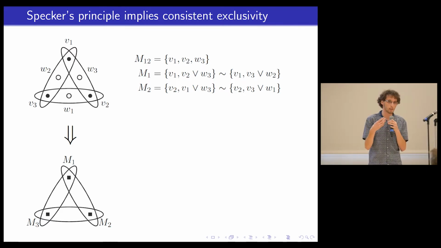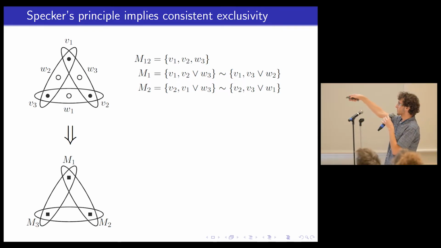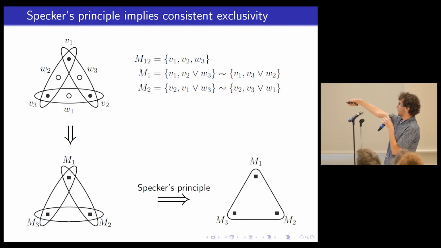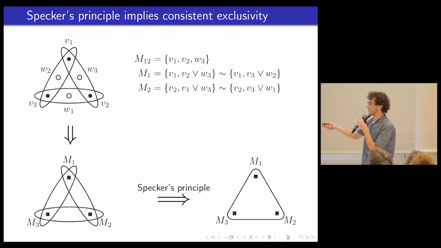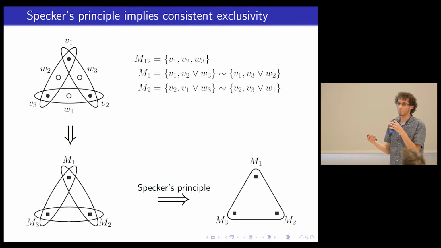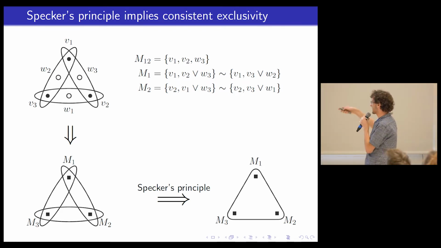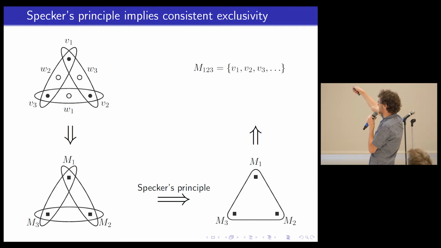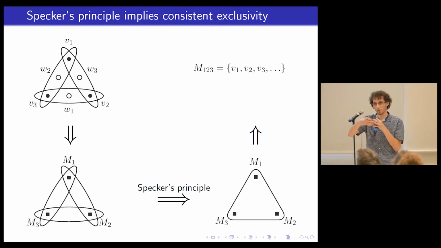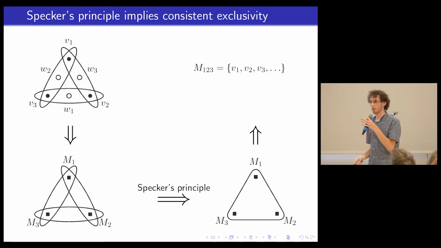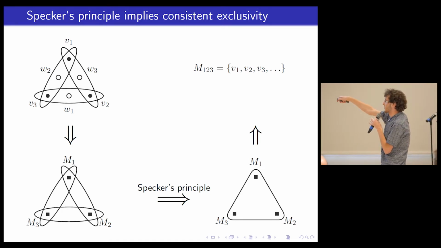So now, if we assume that Specker's principle holds, it follows that we can replace this by a single joint measurement, because any set of pairwise compatible measurements is in fact jointly compatible. And from that, it follows that there is a single joint measurement, M123, which can simulate all of those M1, M2, and M3.